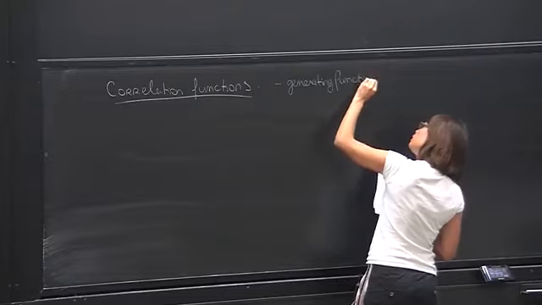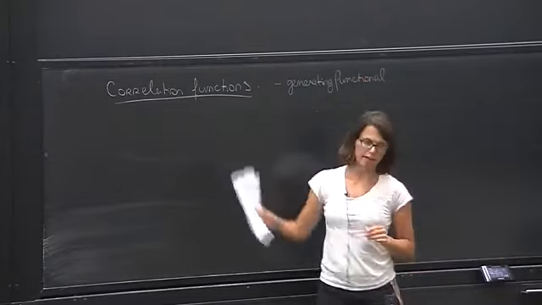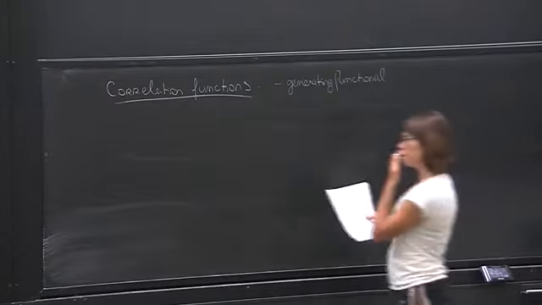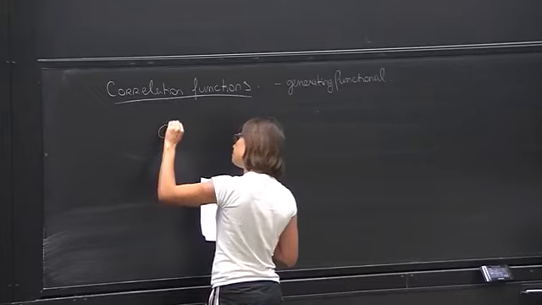So I'm going to give you the definition of this object in this context. I guess maybe you're already familiar with this in QFT, but I'm going to give you the analog in quantum mechanics, okay? So the analog of the correlation function from QFT would be this kind of object.